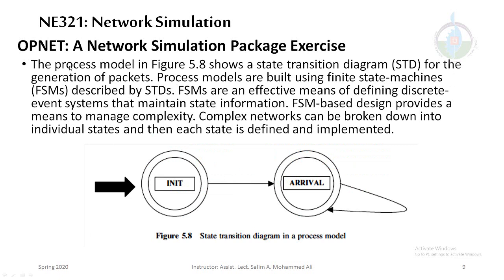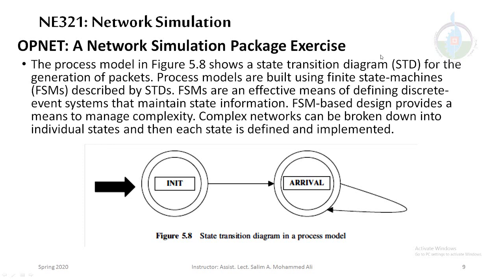Okay. The first process model, which is shown in figure 5.8, shows a state transition diagram, STD, for the generation of packets. Process models are built using finite state machines. If you remember finite state machines from logic, FSMs are described by STDs. FSMs are effective means of defining discrete event systems.